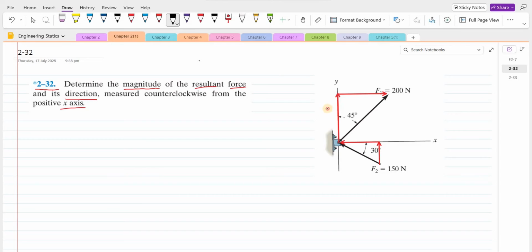For the F1 force, the vertical component is F1 cos 45 degrees and the horizontal component is F1 sin 45 degrees. Similarly, for the F2 force, the vertical component is F2 sin 30 and the horizontal component is F2 cos 30.